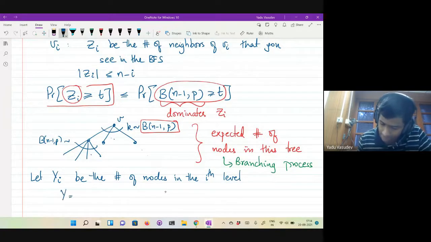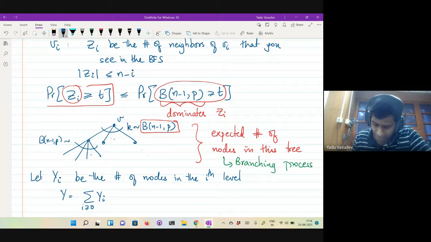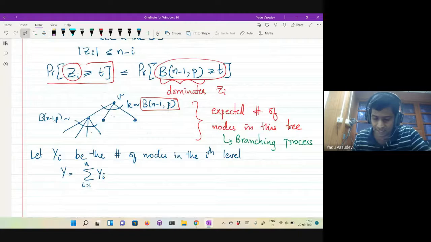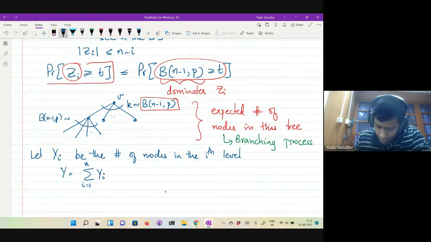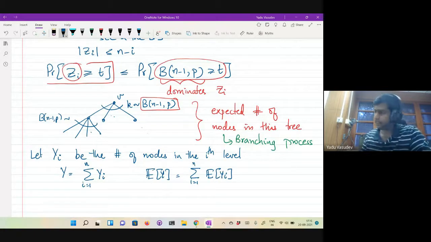We are interested in y, which is summation yi, where i goes from 1 to n, actually, because n is the largest number of nodes there can be. At most n levels it can go. And what we are interested in is expectation of y, which is summation i equal to 1 to n of expectation of yi, right?